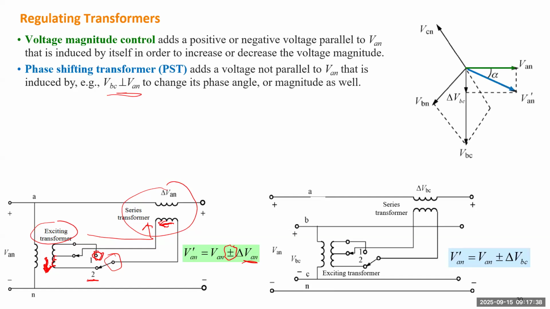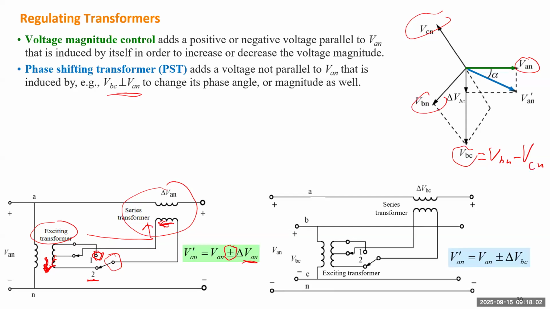Because from the phasor diagram, this is phase A, phase B, and phase C. So the voltage between B and C will be a phasor, because we calculate VBC as just VBN minus VCN, right?